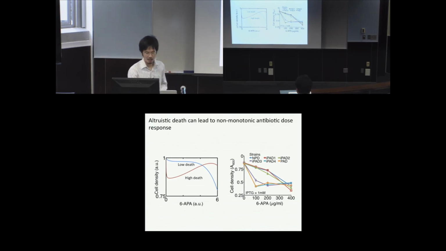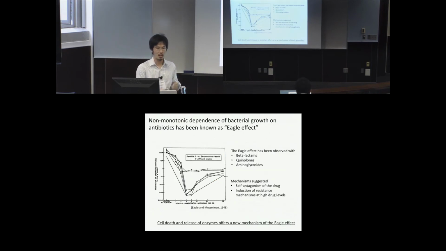Okay. And coming back to this non-monotonic behavior, I looked into some literature to see if this has ever been observed. And indeed, this non-monotonic antibiotic dose response had been observed much earlier than my experiment. It was first described in a paper published in 1948 by Dr. Eagle, so later people call this the Eagle effect.